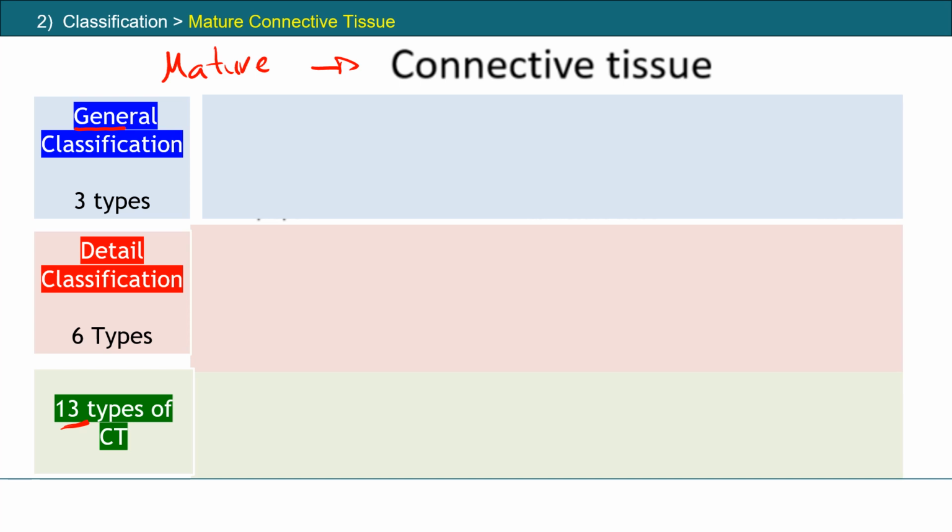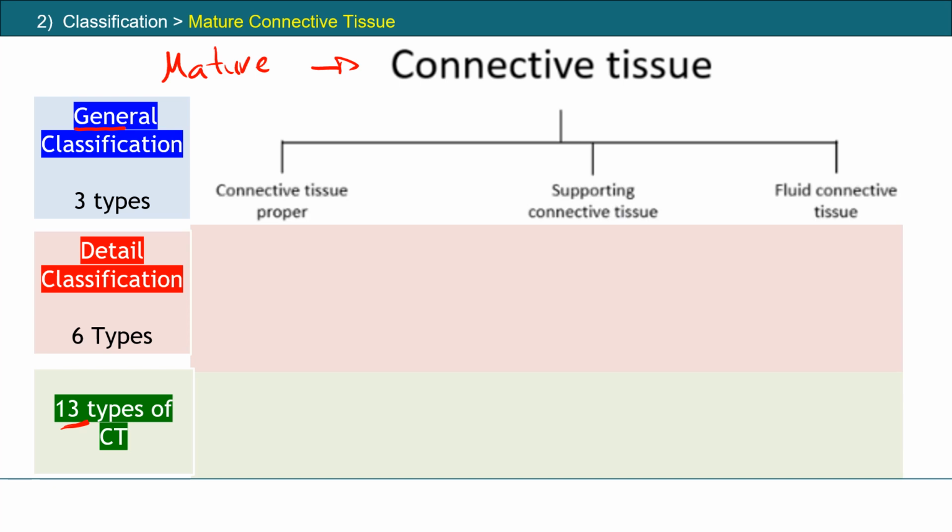So let's start. The first three types of very general classifications are: the first one, the connective tissue proper; the second one, the supporting connective tissue; and the third one, the fluid connective tissue.